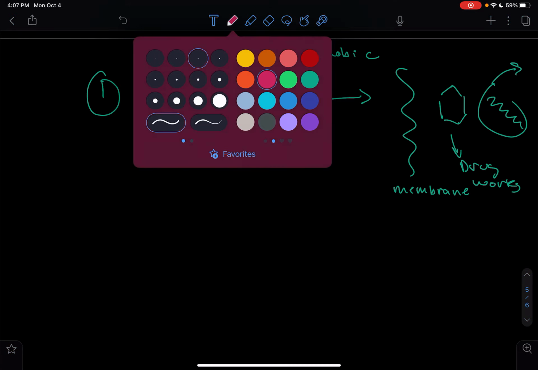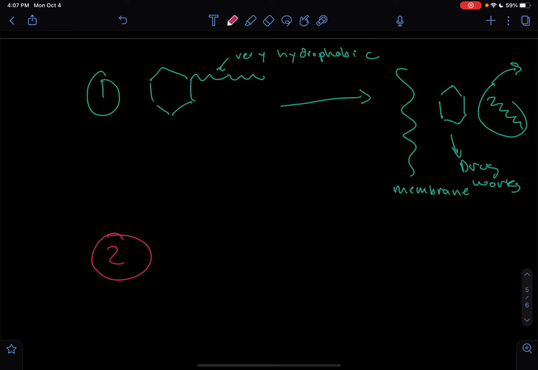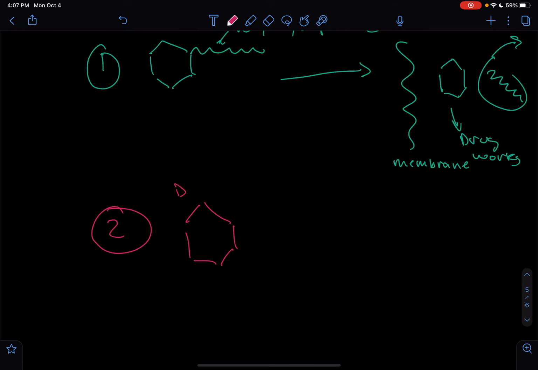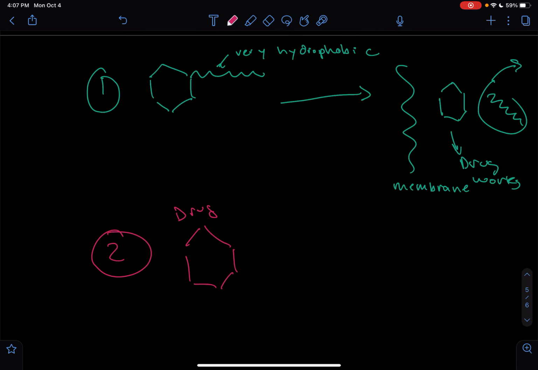The second way that we have is that we add a specific portion that actually targets a transporter or a receptor, right? So for example, if I have a drug, again, like this is my drug, right? And again, it's a little bit hydrophilic, it's not going to be able to get in.